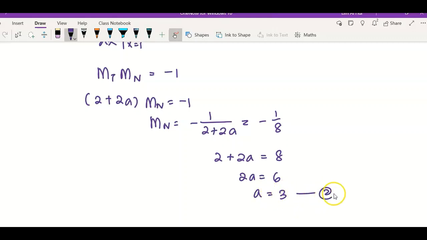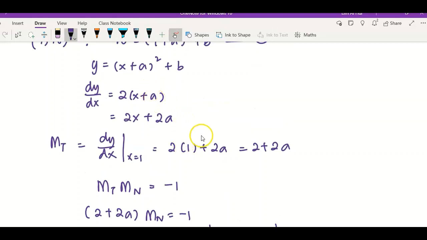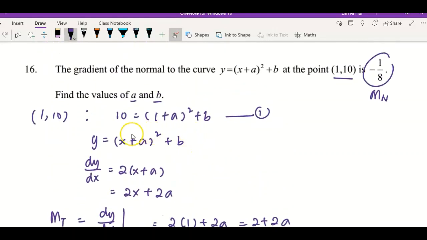Just substitute a equals 3 into equation 1 in order to get your b. This equation, which you formed just now by substituting (1, 10) into the equation of the curve. So now I'm going to substitute a as 3 inside here.